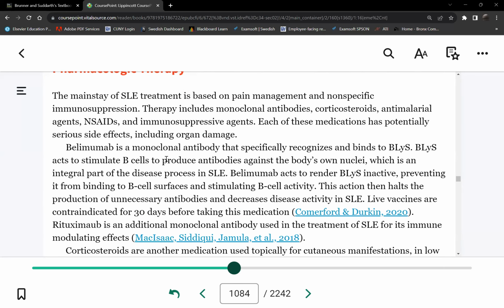Here's the treatment. Because the patient has pain, and this will be the patient's priority, they have joint pain, they have bone and muscle pain, they have fatigue. So they'll be given NSAIDs. And because these are long-term NSAIDs, long-term use of NSAIDs, what will be added to the therapy?